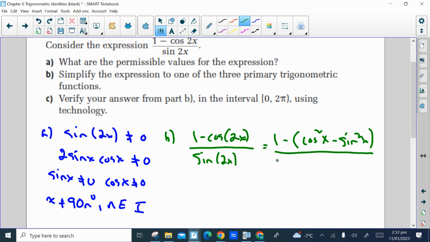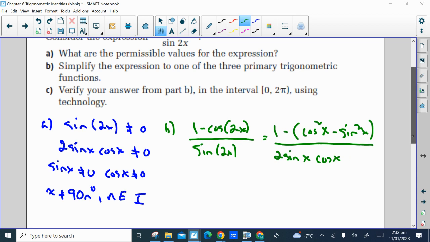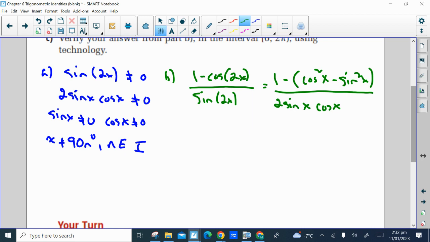On the bottom, there's only one possibility for sine 2x, and that is 2 sine x cos x. So the minus sign in front of the bracket changes all the signs inside. So I remove the brackets on top, changes all those signs.